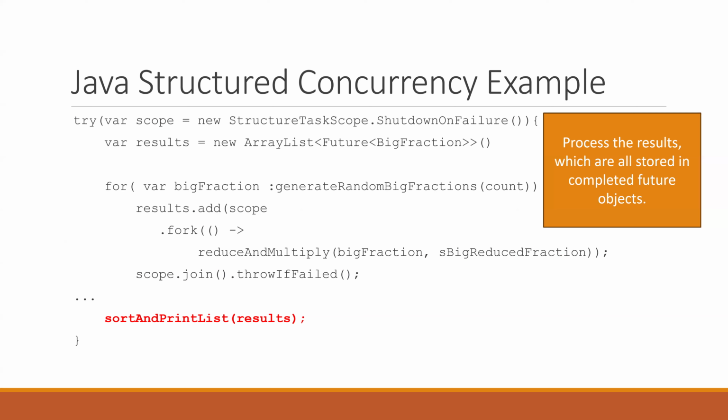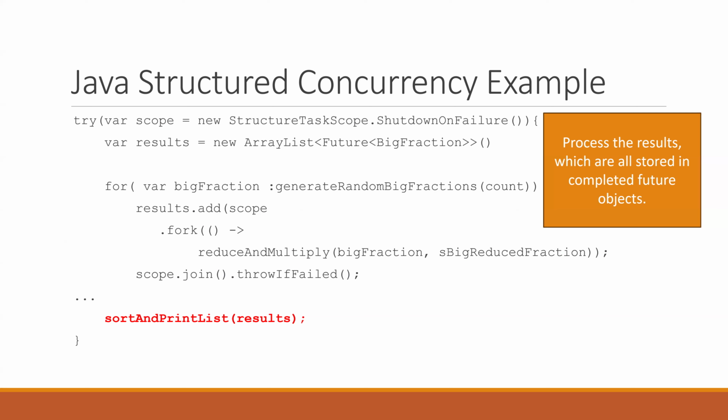Any other questions? So before, if you were writing this pre-Java 19, you're right, you would have to manage all your threads and do garbage collection on all those threads, make sure nothing was left out there. And inevitably, people don't do that. And we end up with a whole bunch of threads, and people are wondering why their machine is so slow when nothing's really running on there, but they actually are.